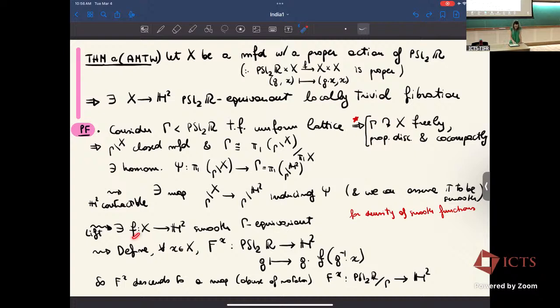So from this map f, we define another map. For every point x in X, we have this big F_x, a map from PSL2R to H2 that is defined in this concrete way. And this map descends to a map into the quotient that we will keep, so here.